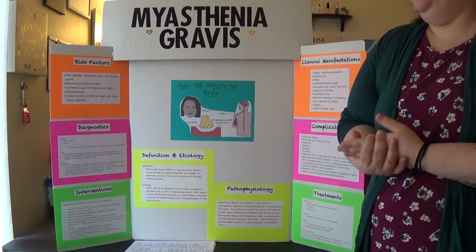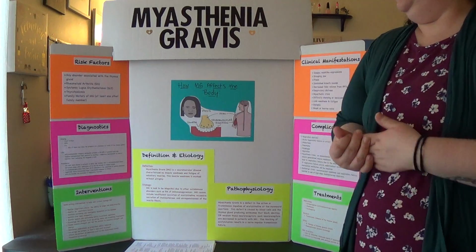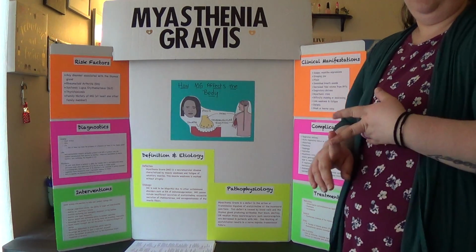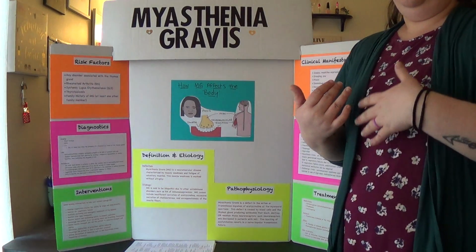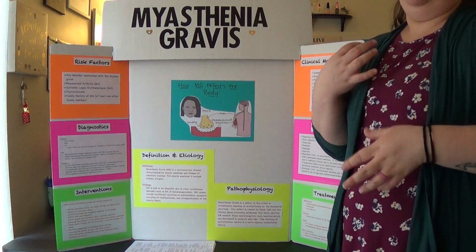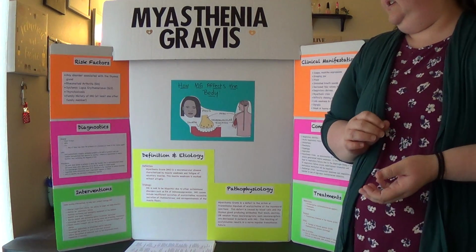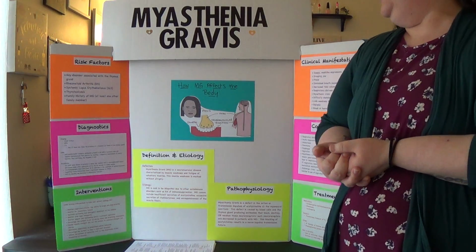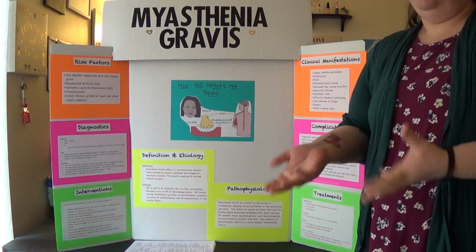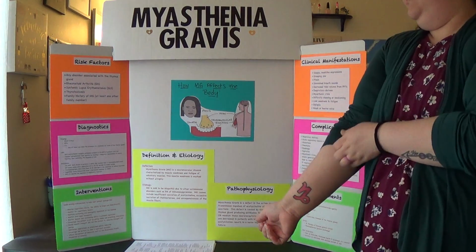A few tests that can be run to help diagnose MG include chest x-rays, MRIs, CT scans, or anything that may show the presence of a thymoma on the thymus gland. They can also have blood draws that can detect anti-acetylcholine receptor antibodies, and these are present in 80 to 90% of patients with MG.